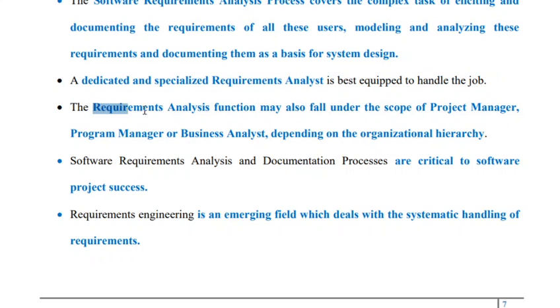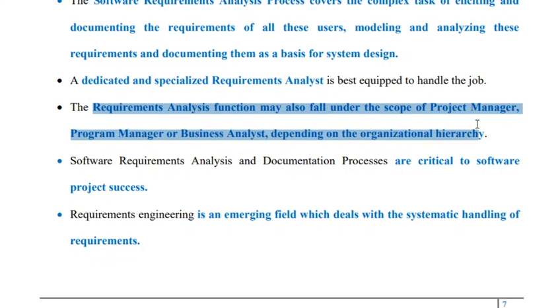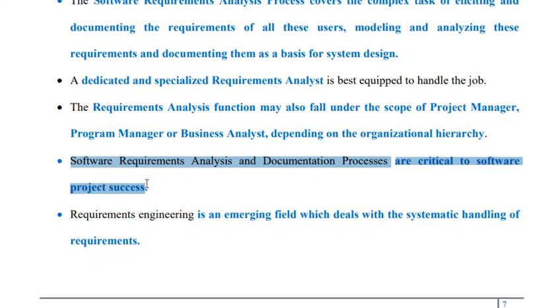The requirement analysis function may also fall under the scope of a project manager or business analyst, depending upon the organizational hierarchy. So there are specific roles that people play in different organizations. System analysts or project managers are the roles responsible for executing the task of requirement analysis.